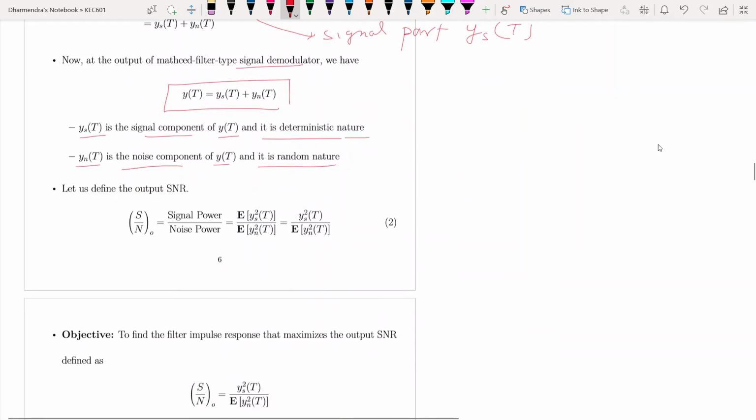So let us define the output SNR as signal power divided by noise power.